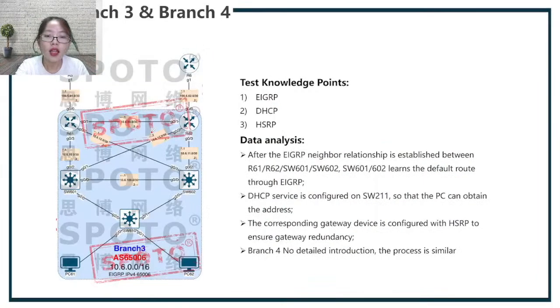Okay, so let's see the next part, branch 3 and branch 4. The technical points involved are EIGRP, DHCP, and HSRP. In this part, we also share the data analysis with you.